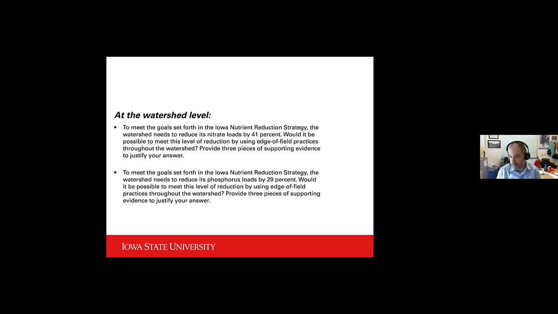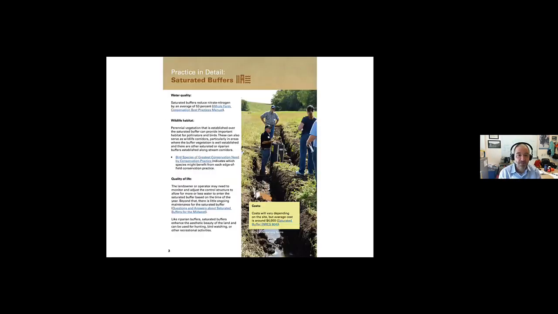Would it be possible to meet the goals with just these edge of field practices? That's maybe not as useful as if we're talking to specific farmers, but it might give us an idea of how many practices of this kind we would need in our watershed.